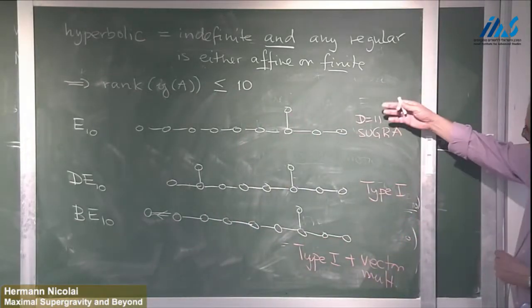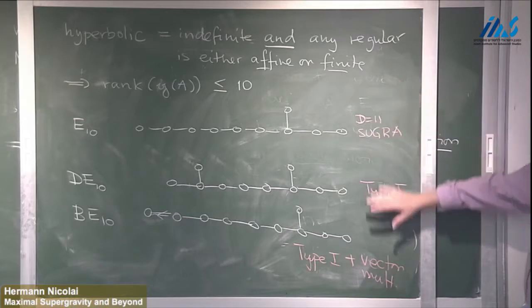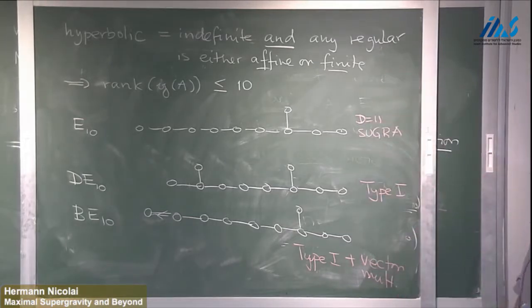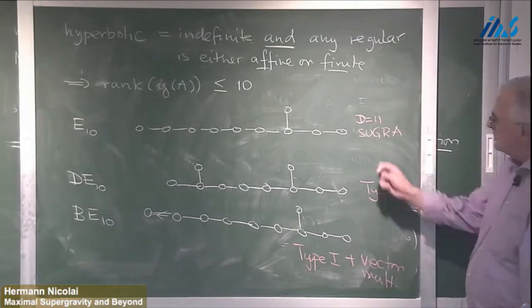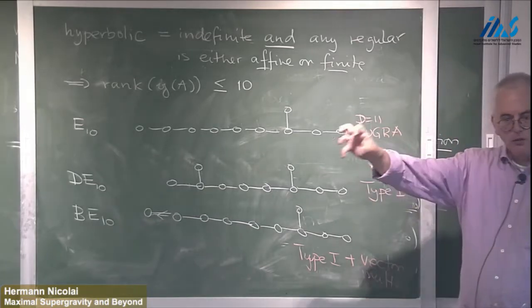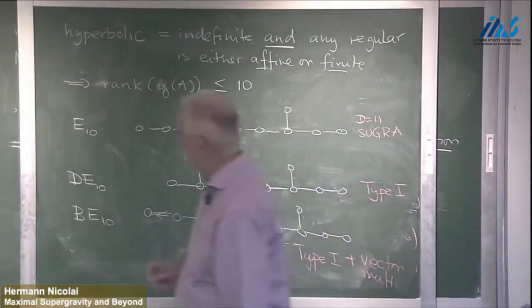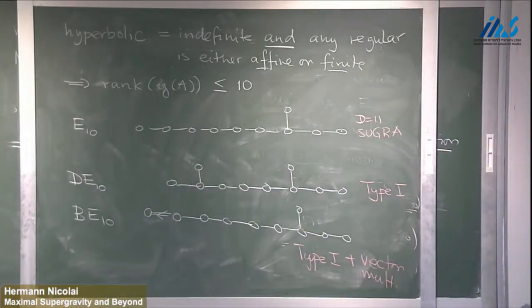Anyway, what I want to emphasize here is that on the one hand, we've been doing supergravity, maximal or half maximal. On the other side, there's this classification of hyperbolic Kac-Moody algebras. The maximum rank algebras are somehow in correspondence with maximally supersymmetric theories.